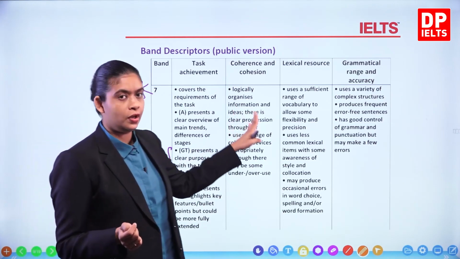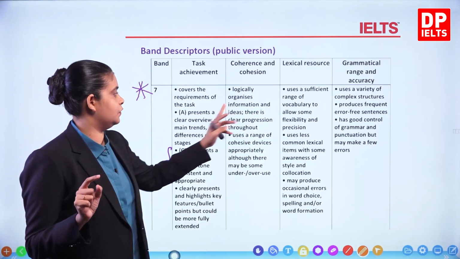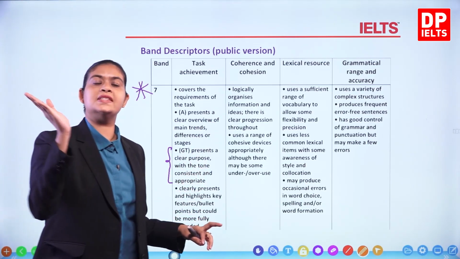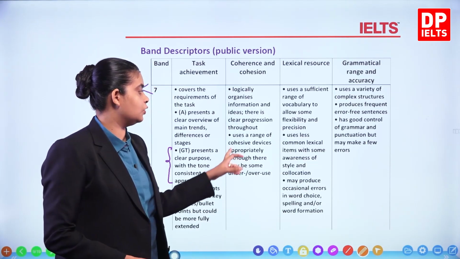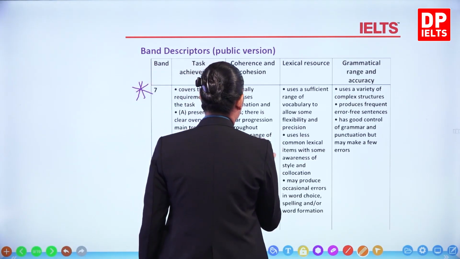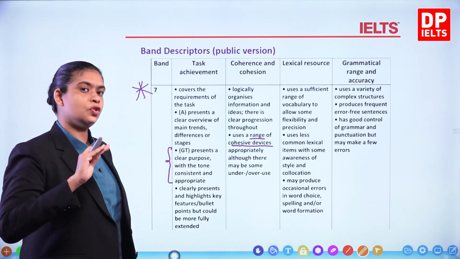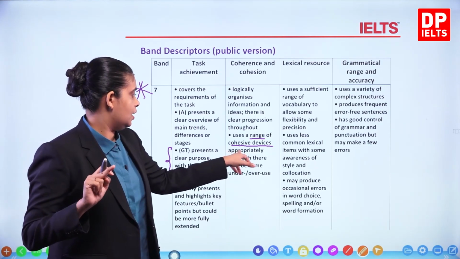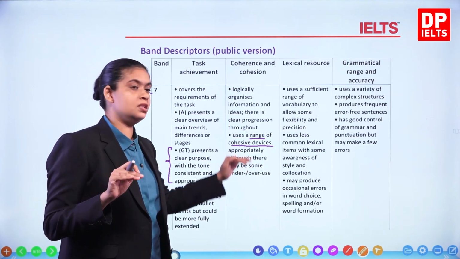In terms of coherence and cohesion, you logically organize the information and you can see that there is clear progression throughout, and you use a range of cohesive devices, right? It should be used appropriately, although there may be some under or overuse.